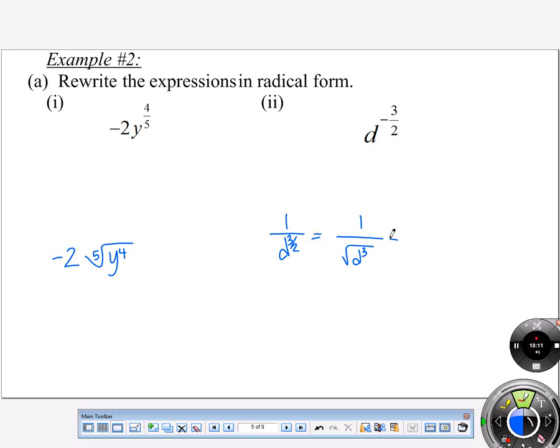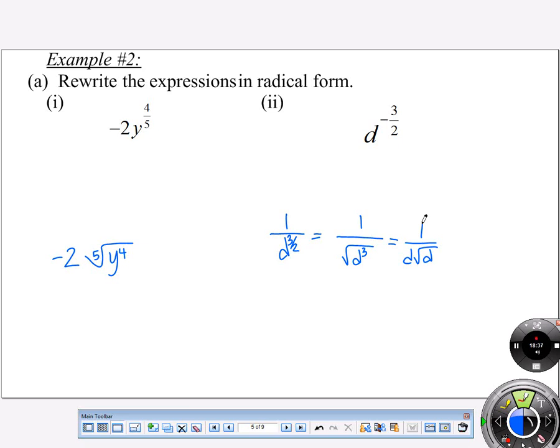We can. How many factors of d are underneath this radical? 3. We can take some out. It's a square root with an index of 2. So how many groups of 2 are there? 1. So 1 d would come outside, and then there'd be one that wasn't in the group of 2. And then should we leave the radical in the denominator? No. So in rewriting, we have to use a lot of the skills about how radicals should be worked with.